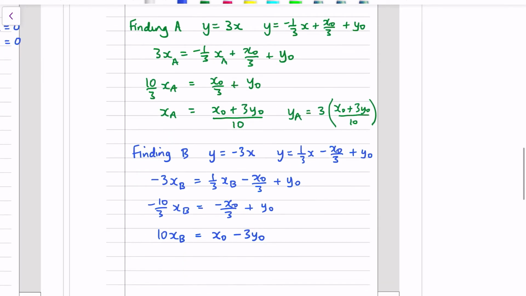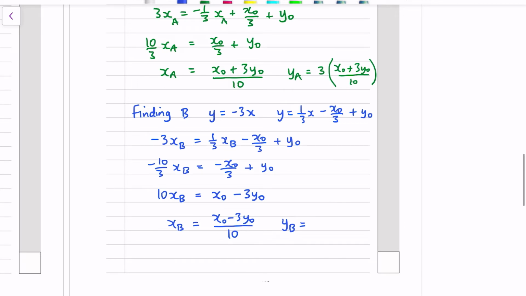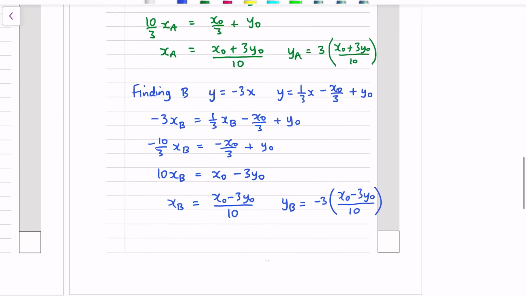Divide everything by 10, and you probably would have guessed that because it's very similar to the other point of intersection. And then the y value of B is minus 3 lots of that, which looks a little bit tidier if I get rid of the minus out the front of it.